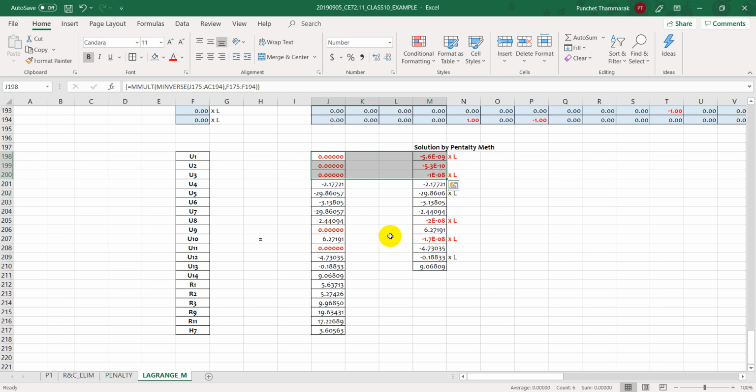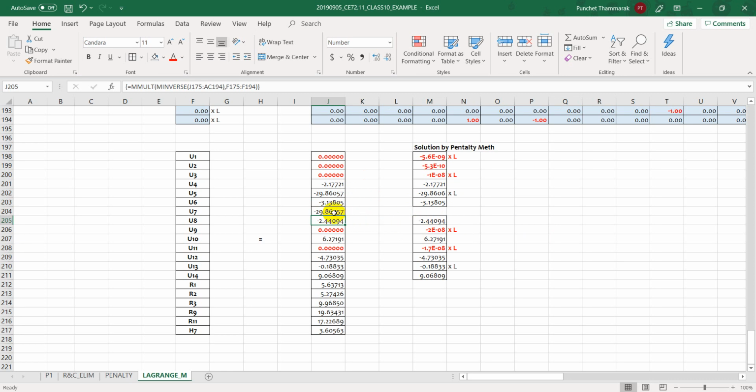Alright, and this one we don't have the U7, so from the penalty method we don't include the U7 in the equation, so I need to move it down here. So line by line you get, is it 7?